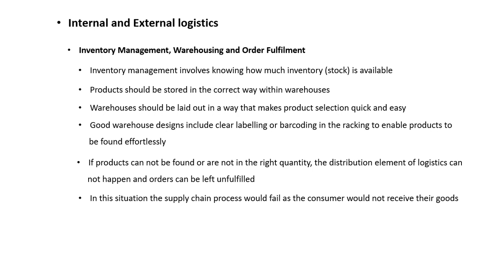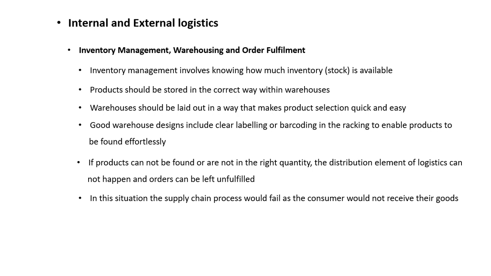Inventory management, warehousing, and order fulfillment. Inventory management involves knowing how much inventory, stock, is available. Products should be stored in the correct way within warehouses. Warehouses should be laid out in a way that makes product selection quick and easy.